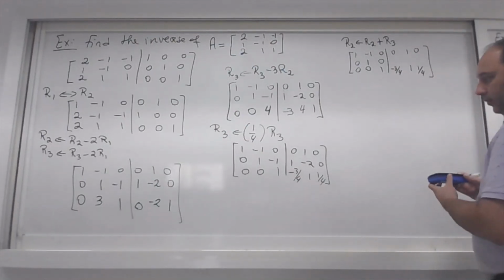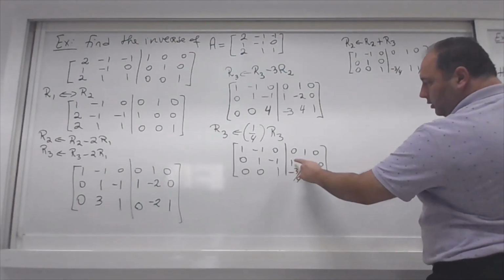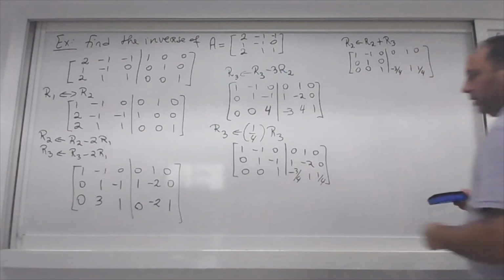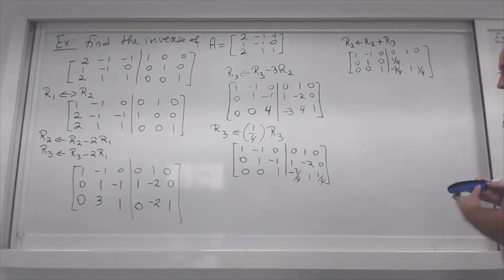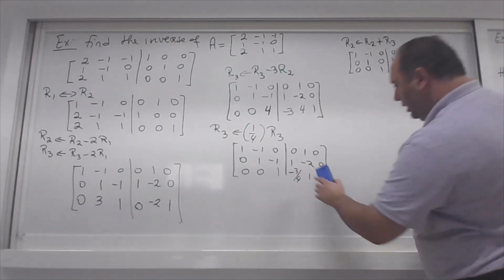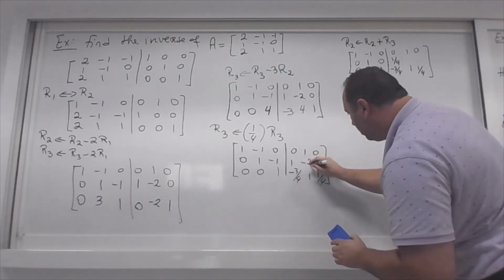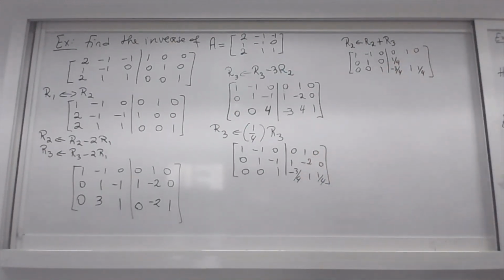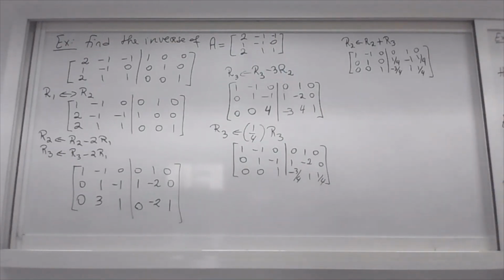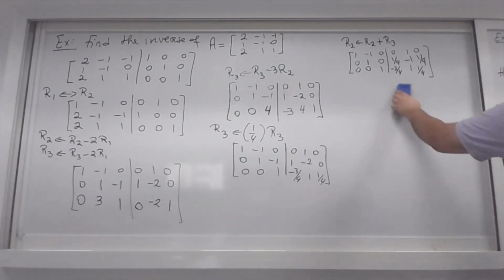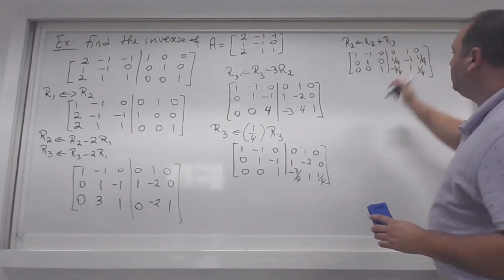Okay, so now I need to add. So this is 4 over 4 minus 3 over 4, so that's 1 over 4. Negative 2, my god. Negative 2 plus 1, negative 1. And this is 1 over 4. Well, it's becoming ugly. But I still have only 1. I need to kill this guy here and I'm good.